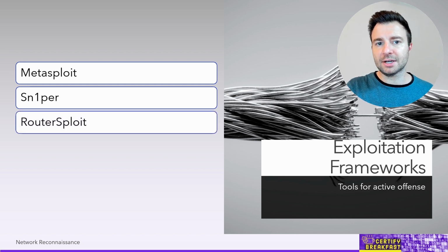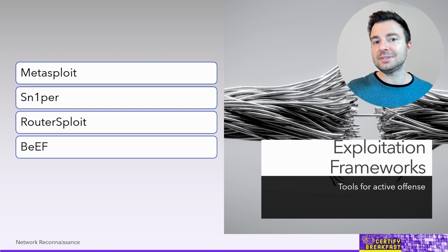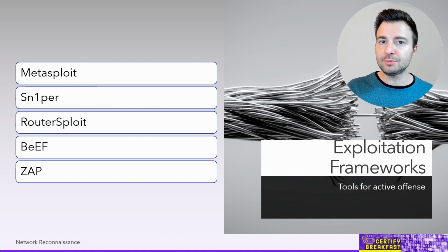And we have a couple more here that are worth mentioning, like browser exploit, which is a way to target vulnerabilities in embedded systems, or Beef, the browser exploitation framework, which attempts to target vulnerabilities in web browsers through compromised websites and web pages. There's also the ZAP, the Z attack proxy, which is a tool that helps you perform tests on web applications.